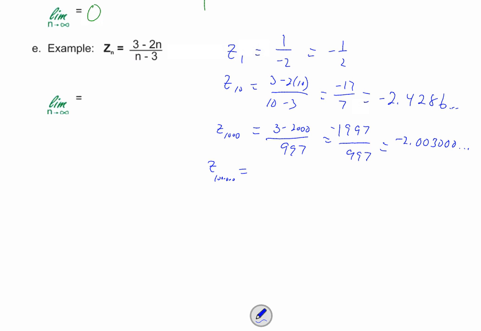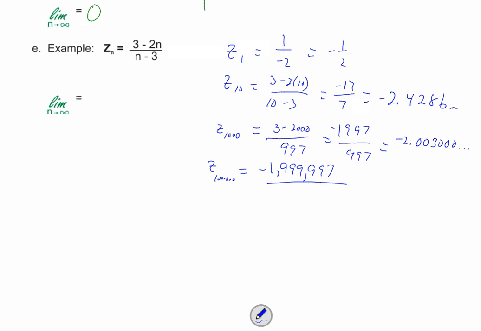All right, so again, look at the top. It's a negative 2,000,000 minus 3. Right? So that's a negative 1,999,997. Right? That's 3 less than negative 2,000,000, right?